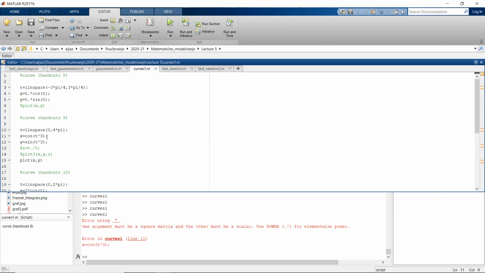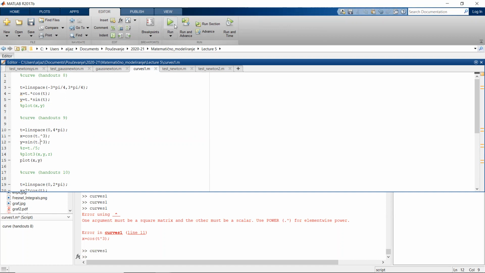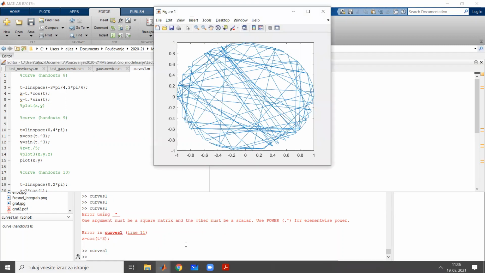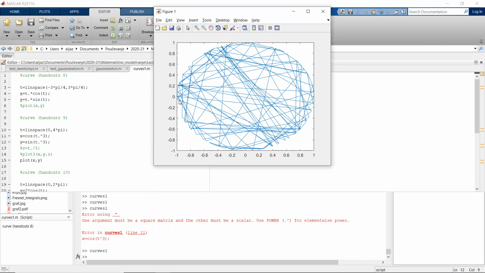But if I want to evaluate this function on the whole vector, so on every component of the vector, I must tell MATLAB that I will be working with vectors. So whenever I would like to work with vectors, I put dots to the right-hand side of the variable. Now it should work. Yeah, so now it worked. Okay. Let's try again.